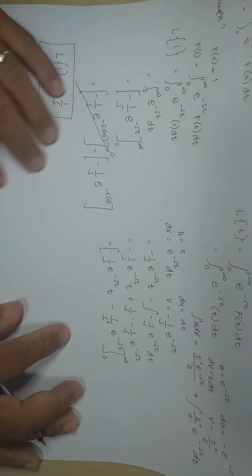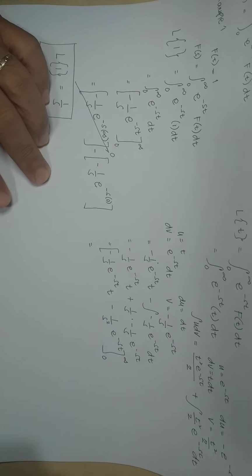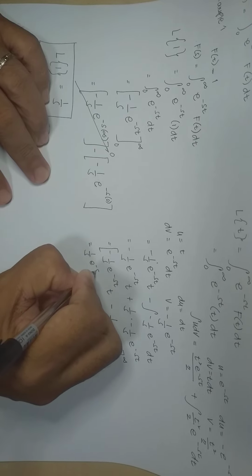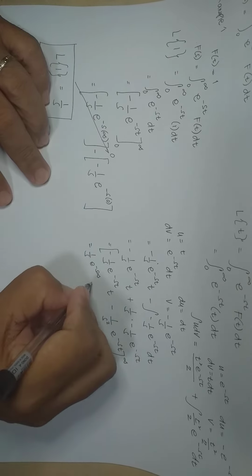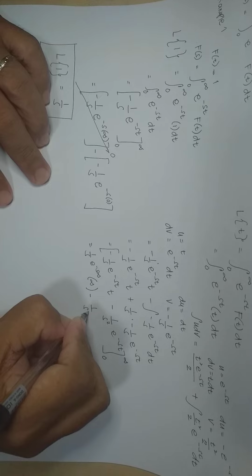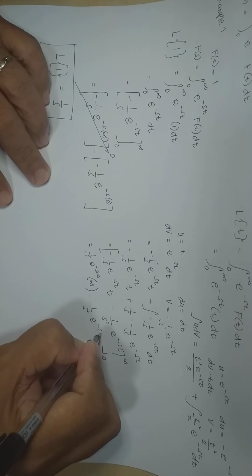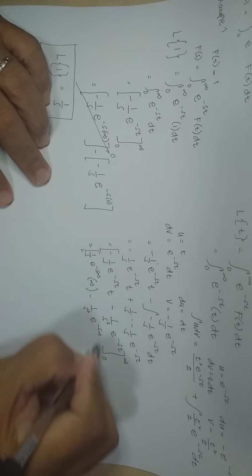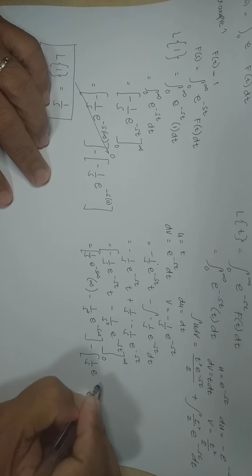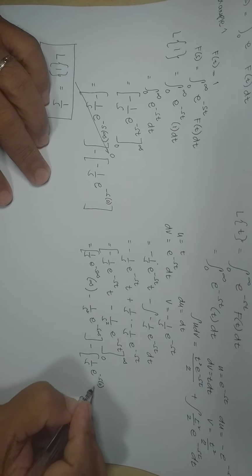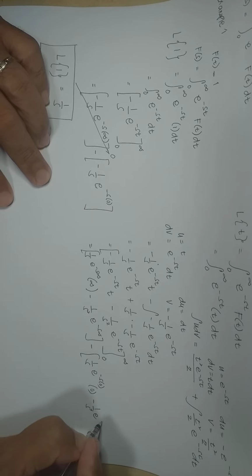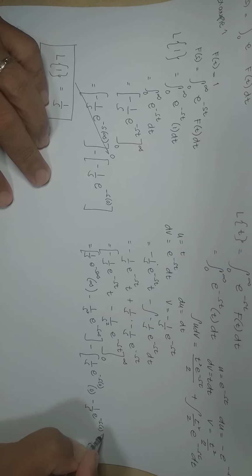Okay? Now, applying the limits, we have negative 1 over s e to the negative s infinity times infinity, minus 1 over s squared e to the negative s times infinity, minus negative 1 over s e to the negative s times 0 times 0, minus 1 over s squared e to the negative s times 0.